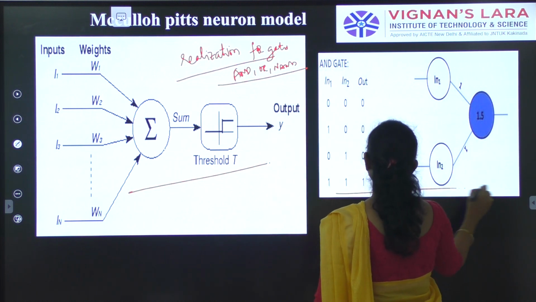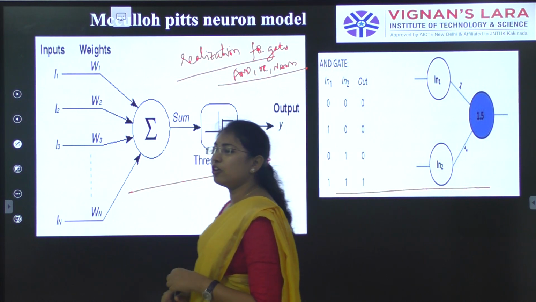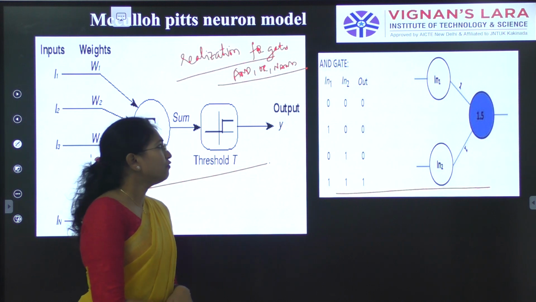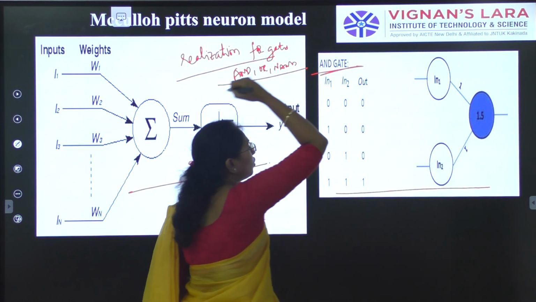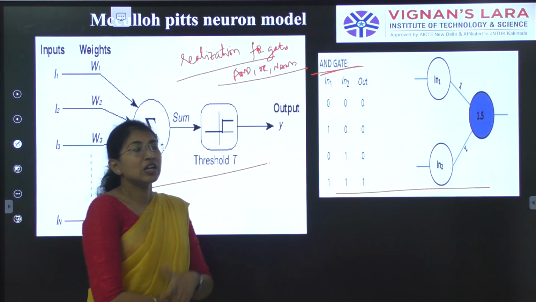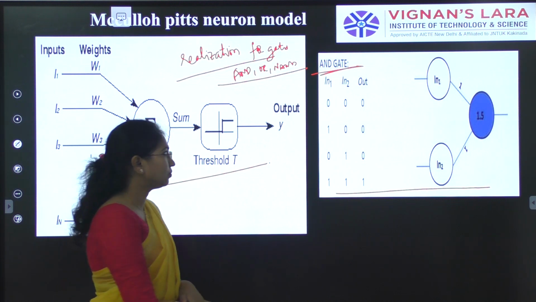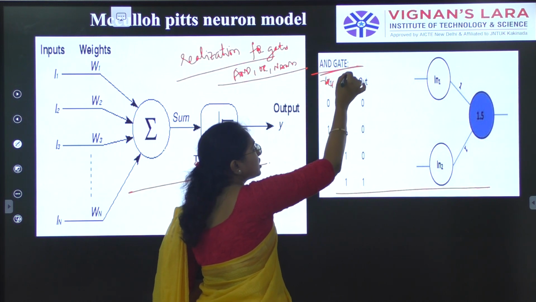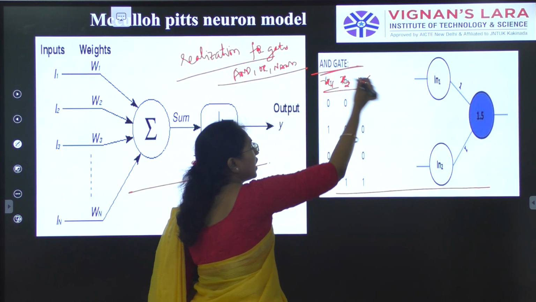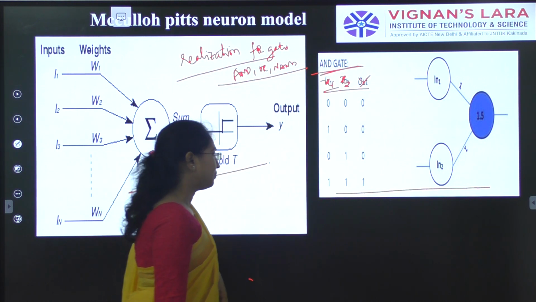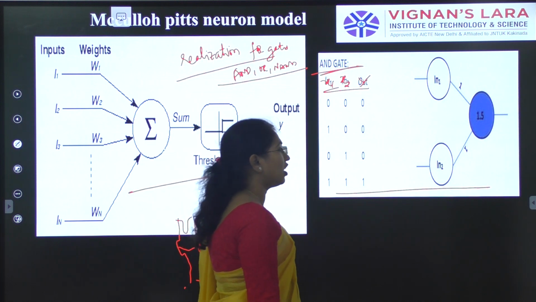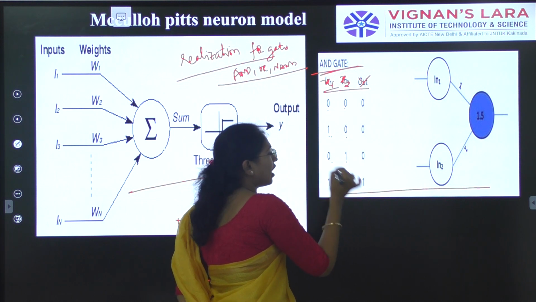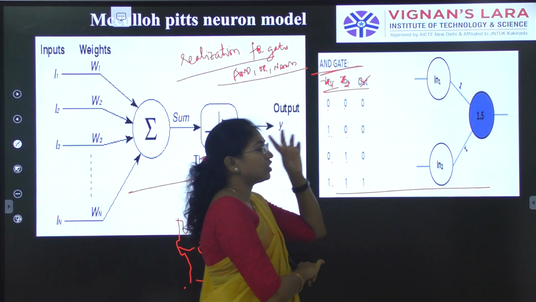And here we have considered an example where we are using McCulloch-Pitts neuron model for the execution of AND gate or AND logical operation. So what is the AND gate truth table? For a basic AND gate, we have two inputs, x1, x2, and only one output. Let us consider it as y. The inputs are 0,0; 1,0; 0,1 and 1,1.